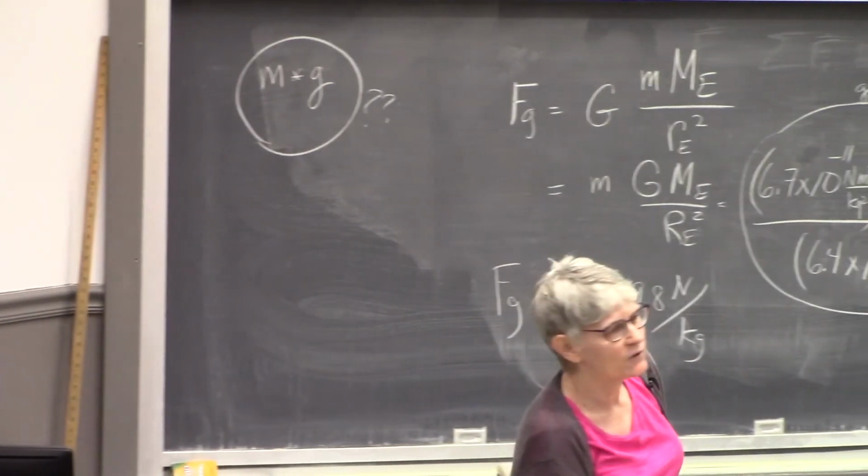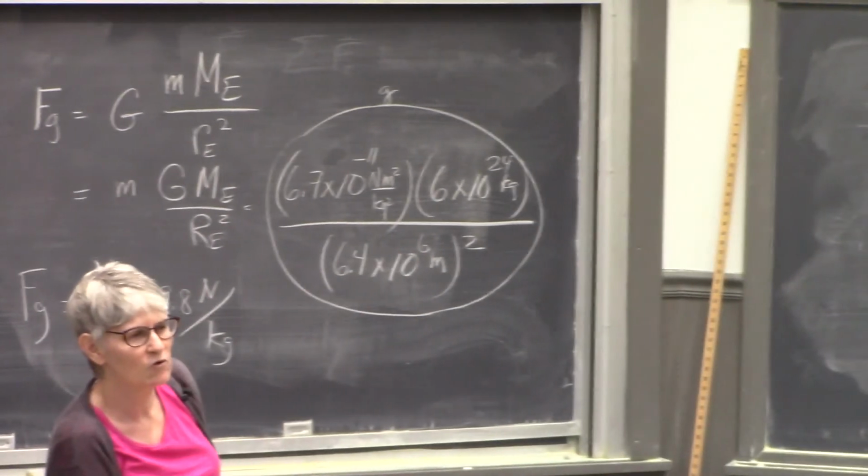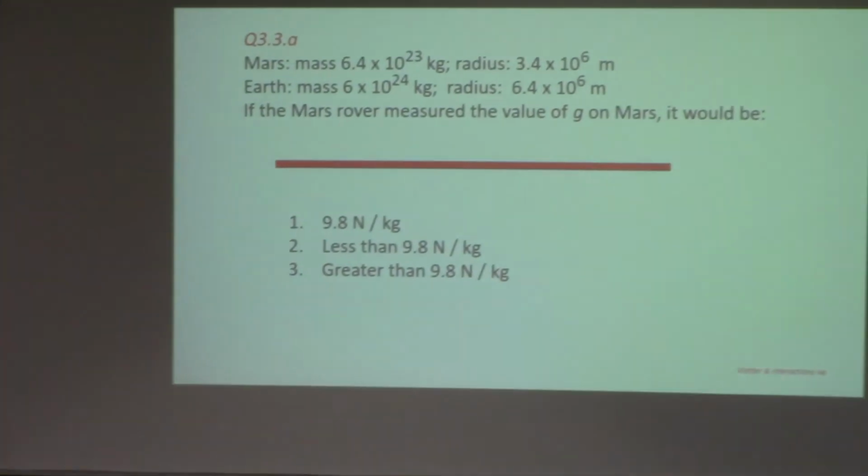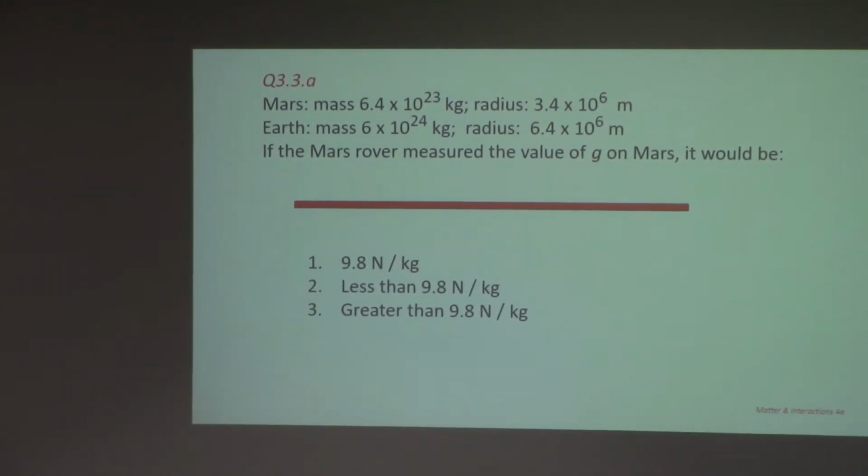So if the Mars rover measured the value of g on Mars by dropping something, say, would it get a value of g that's bigger than 9.8, less than 9.8, or equal to 9.8 newtons per kilogram?